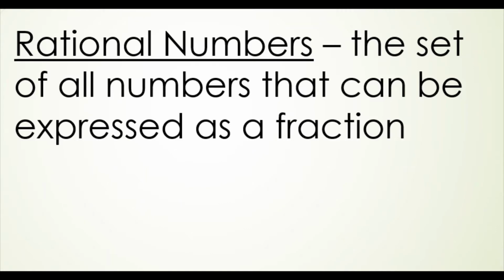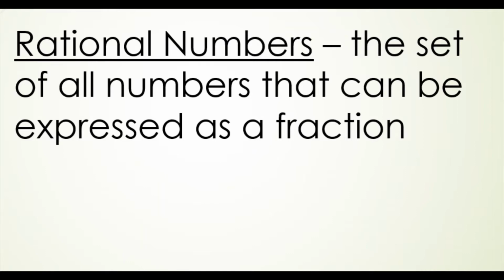To define the last 2 sets, we're going to need to use words, because for rational numbers and real numbers, we're not going to be able to list out the numbers in those sets the way that we did for natural numbers, whole numbers, and integers. The rational numbers are the set of all numbers that can be expressed as a fraction.